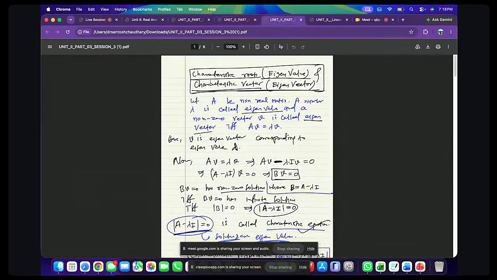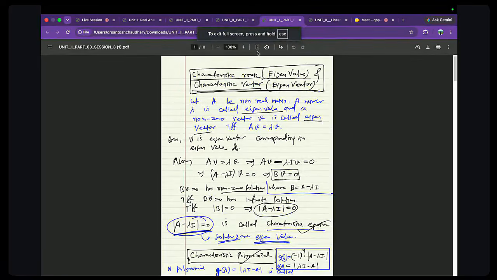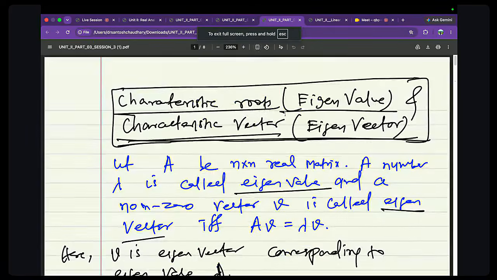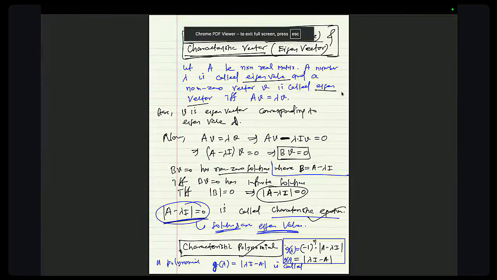So the next part is this that I was talking about. Let's see what is in it. Here, characteristic roots you already know, but I will just repeat. A is an n cross n real matrix.